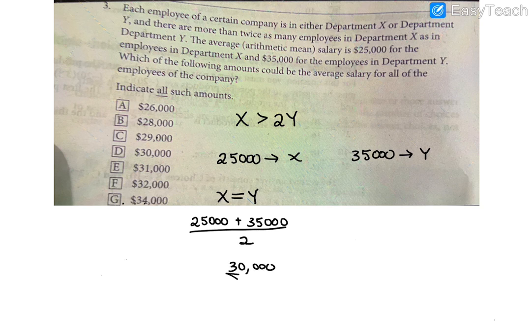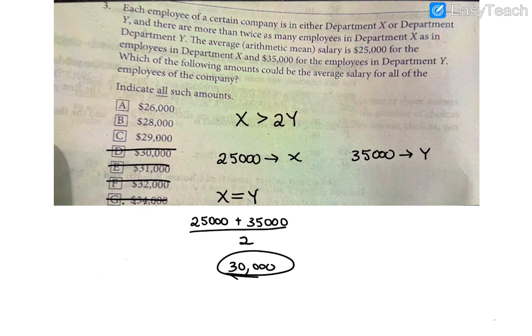You would have an average of 30,000. So that's if they were equal. And they are not equal, so that's going to eliminate all of these choices here, because what we know is X has more employees, and when it's the lower average, it's going to pull it down. So 30,000 would be if they were equal.